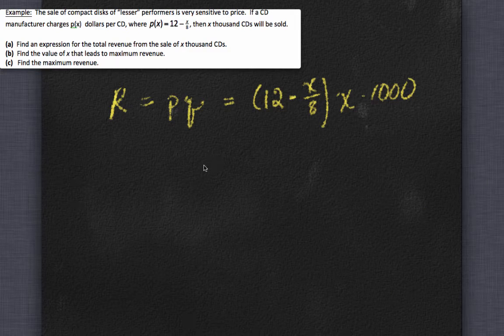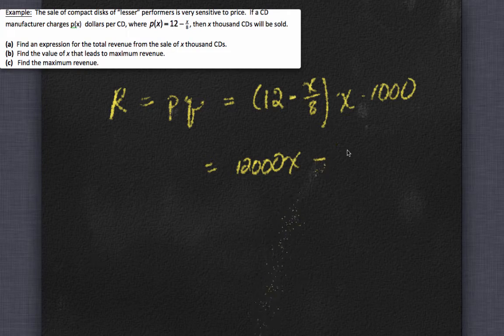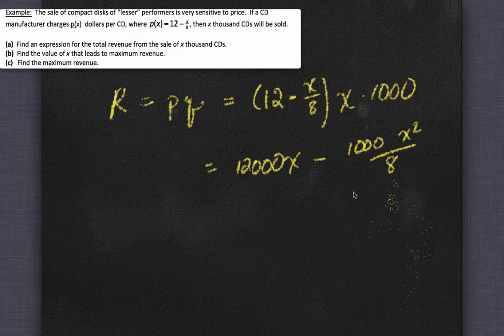So this equals 12,000x minus 1,000x squared over 8.